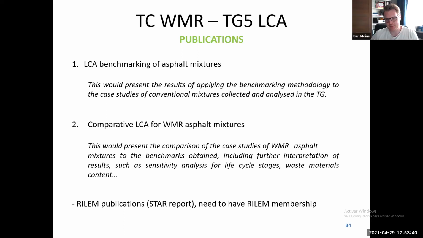So you can have, for example, an AC10 for a lower class or a higher class. But of course, they will use better materials, for example, or a better binder for the higher traffic classes. And in that case, you shouldn't compare it to the lower class because they're used for different purposes. Perfect. So I think I got what you mean.